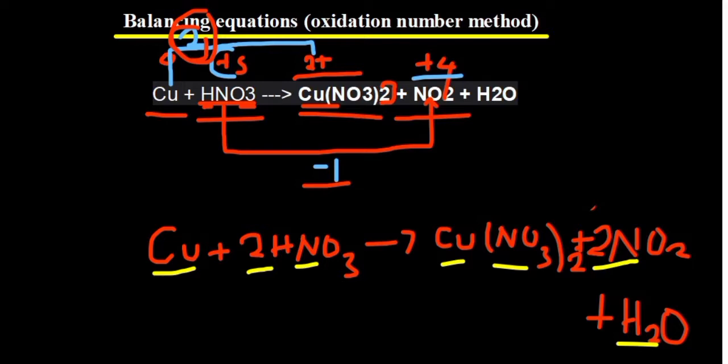The only way to make it 4 is to make this 4. Okay, how about now? Are they balanced? We've got 4 hydrogen atoms, so we need 4 there as well. So we'll make that 2. Okay, 4 nitrogen atoms. Here there are 2 plus 2, 4. Yeah. So in such a case, you've balanced the chemical equation.